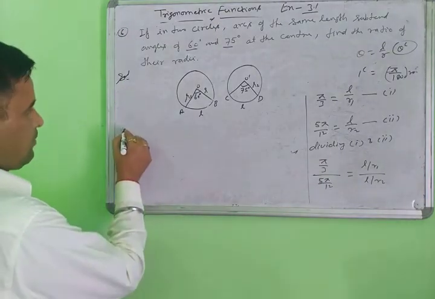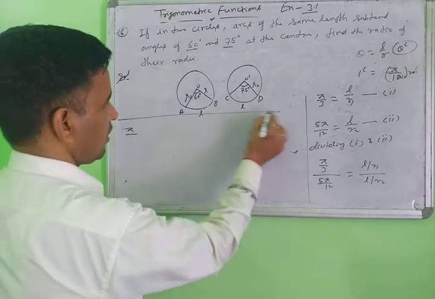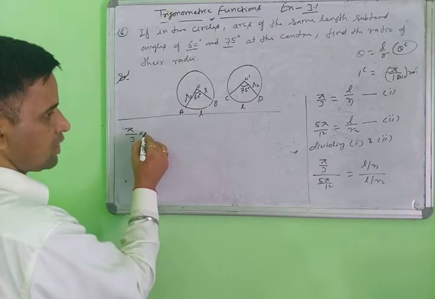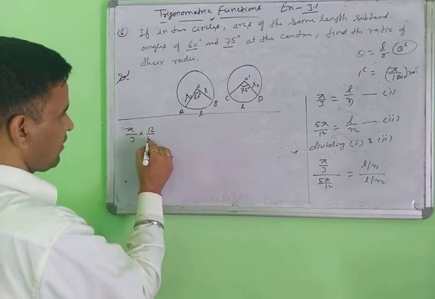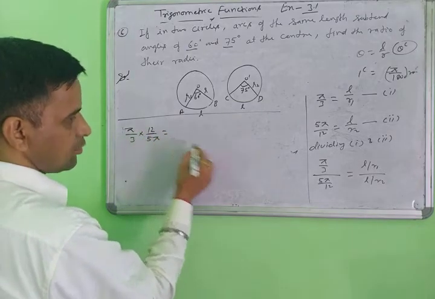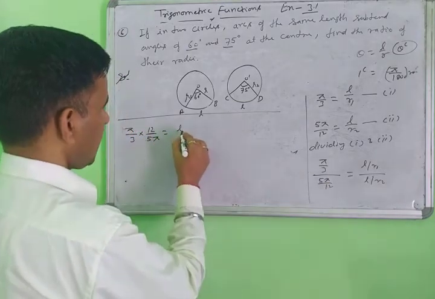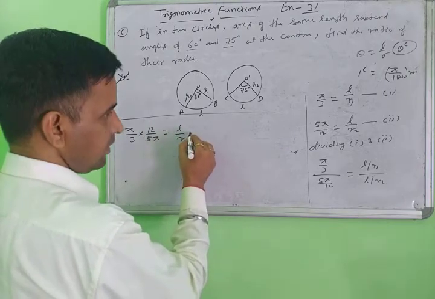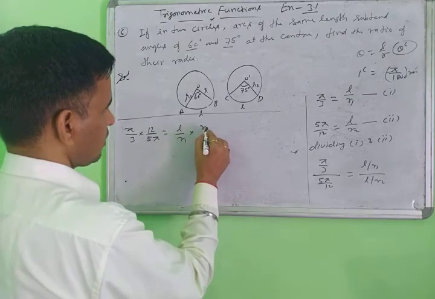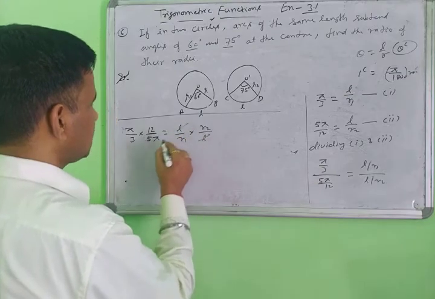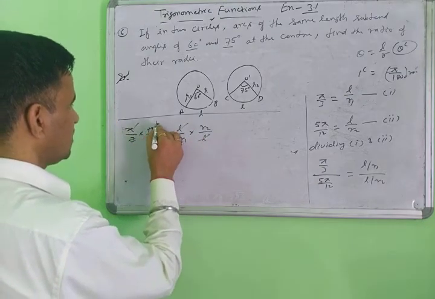So now pi upon 3, then take the reciprocal, 12 upon 5 pi. Next, same here, L upon R1 into R2 upon L. L will be cancelled, pi will be cancelled, 3 4s are 12.